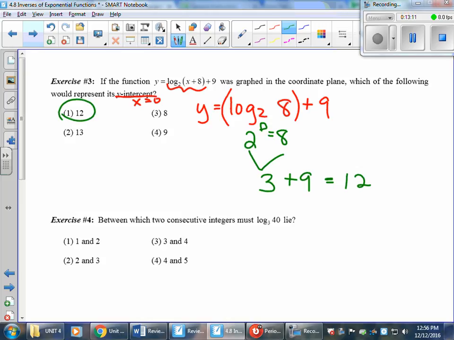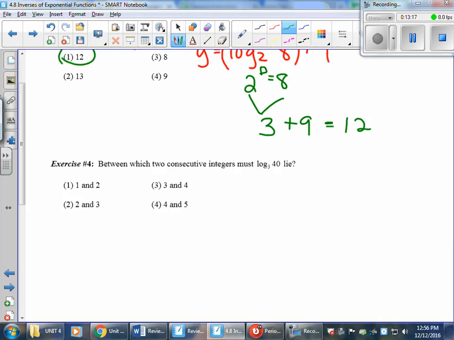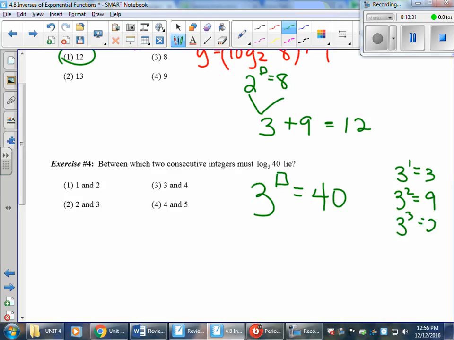Between which two consecutive integers must log base 3 of 40 lie? All right, well that means 3 to the what power is equal to 40. Well, I know that 3 to the, let's go over here, 3 to the first is 3. 3 to the second is 9. 3 to the third is 27. And 3 to the fourth is 81.